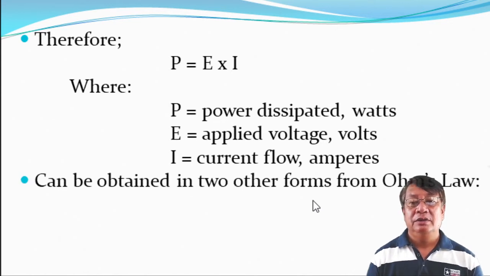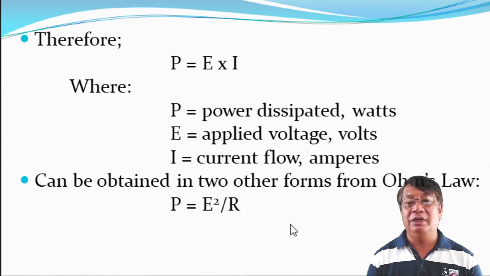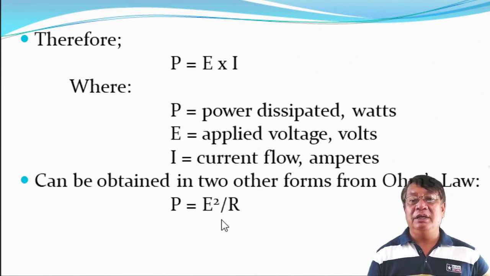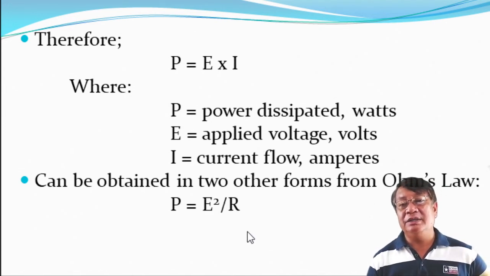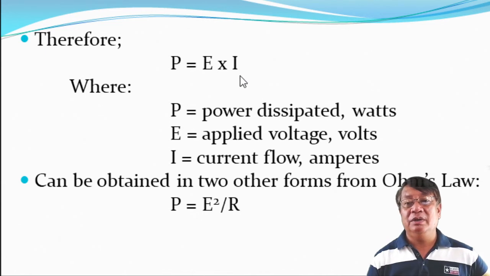Okay, so power can be obtained in two other forms from Ohm's law. So that is what I mentioned here. For example, if the given is voltage and resistance, what is I? That I is equal to E over R, so that is why you have E squared over R. So this is a modified formula.